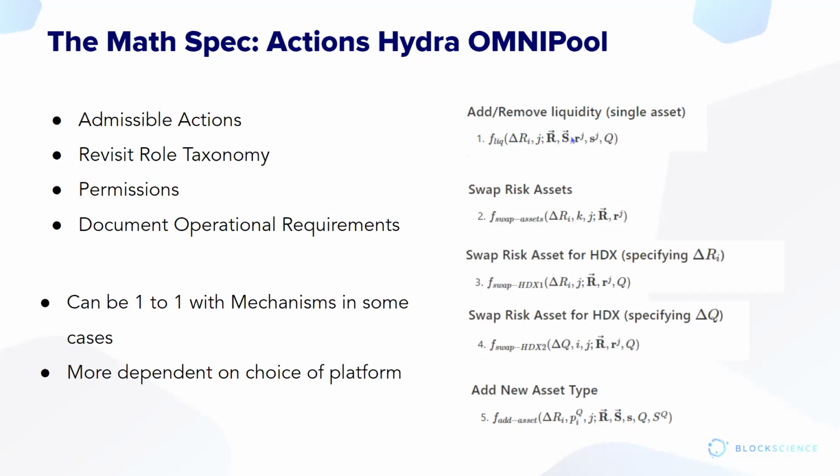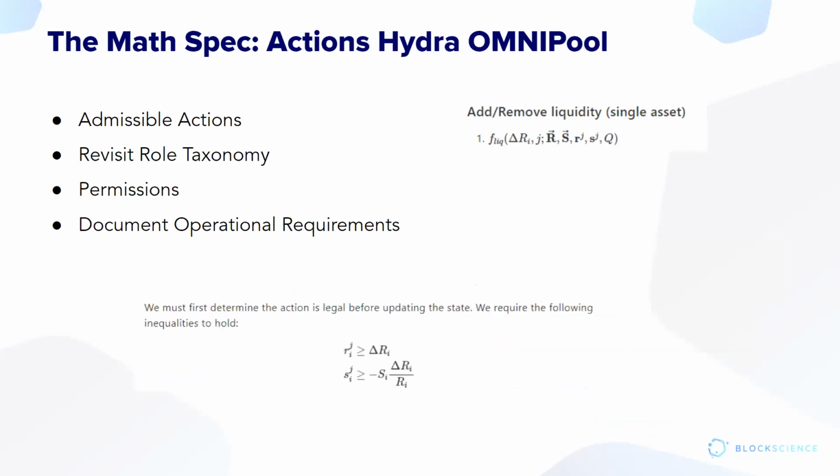Well, in this case, for adding liquidity, you would just be bringing in a risk asset. If you're removing liquidity, the only thing coming in would be the shares, right, to be able to remove. I'll go through these in more detail in the next series, but this is what might be your checks about the available action space for adding or removing liquidity.